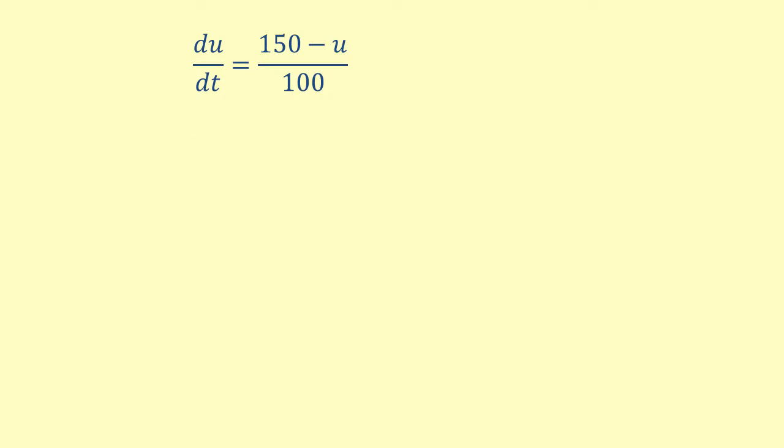We start with our combined equation, which is du over dt equals (150 minus U) all over 100. From here, we want to separate the variables, so we have t on one side and U on the other side. Separating the variables, we have 1 over (150 minus U) du equals 1 over 100 dt.